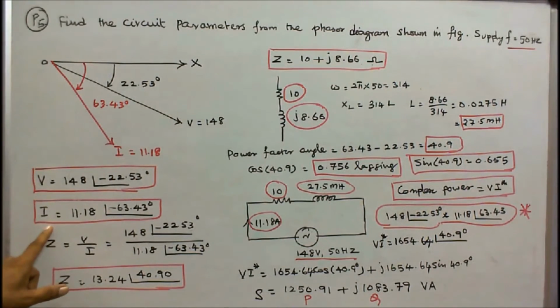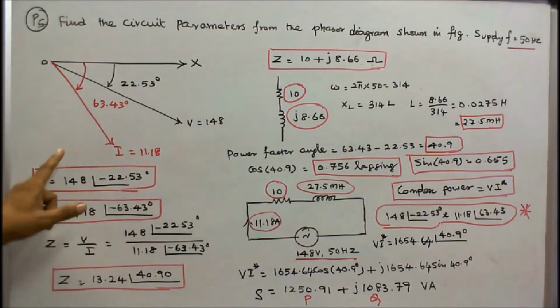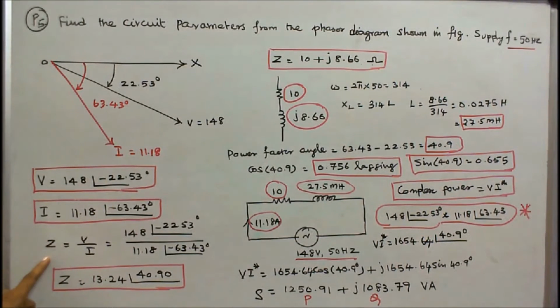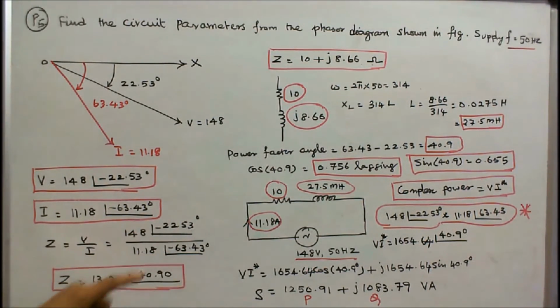I is equal to 11.18 angle minus 63.43 degrees. I know the voltage, I know the current, I can find impedance. Z is equal to V by I, that is equal to 148 angle minus 22.53 divided by 11.18 angle minus 63.43 degrees. Z is equal to 13.24 angle 40.90 in polar form.